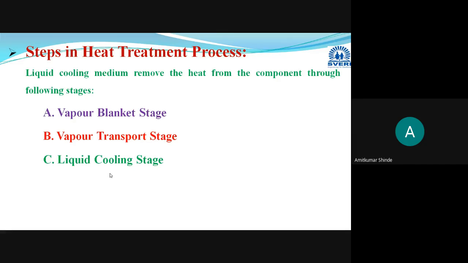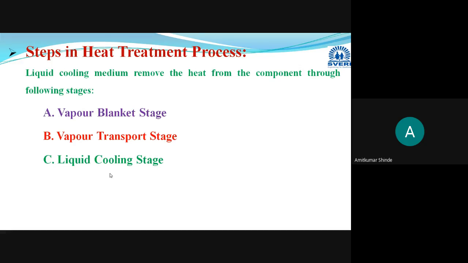Then in the next stage, the liquid cooling stage, what happens? The temperature of the component reaches the boiling point of the cooling medium. In this stage the liquid is not able to extract heat from the component.